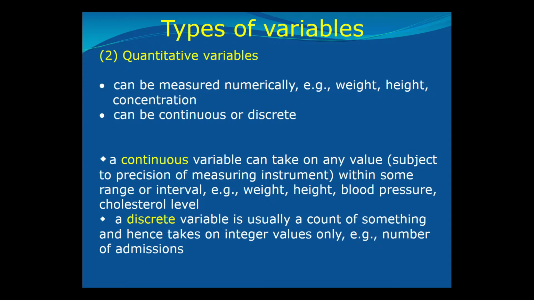An example is the number of admissions. A continuous variable, another name is the interval variable, can take on any value, subject to precision of the measuring instrument, within some range or interval. Weight, height, blood pressure, level of cholesterol, level of sugar, and so on.